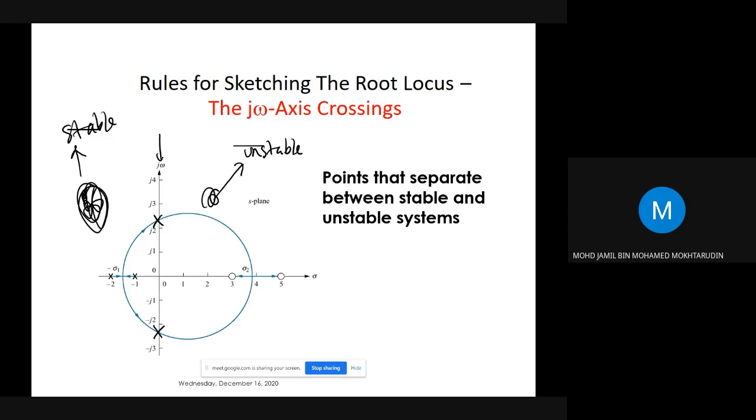If your poles are directly on the JW axis, then it's marginally stable. So the JW axis crossing is the value of the poles when the system is marginally stable. It's the point that separates the stable and unstable system.